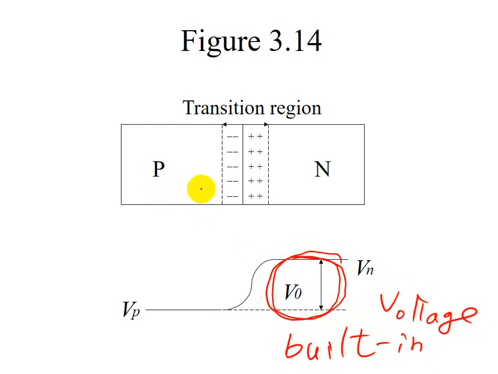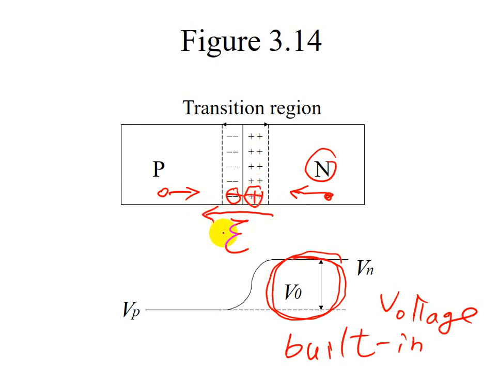Due to the p-n junction, this built-in voltage will try to stop the natural diffusion of electrons to the left or holes to the right. The electrical field here is positive and negative, so the electrical field is in this direction.